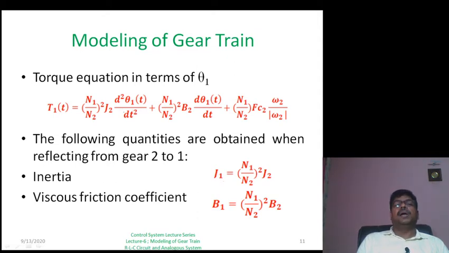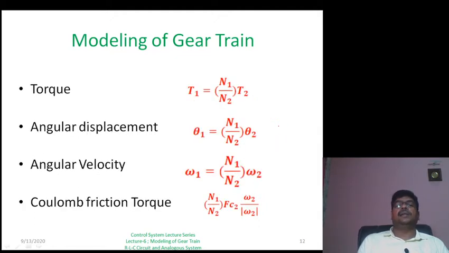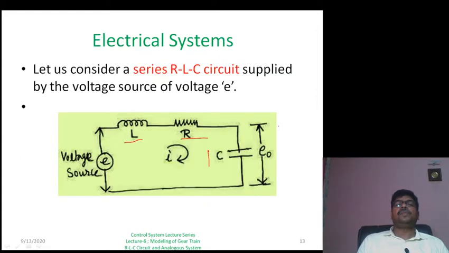Similarly, (n by n2) square B2 with the B1, and this with FC1. So that is very easily expressed in terms of FC1, J1 and B1.